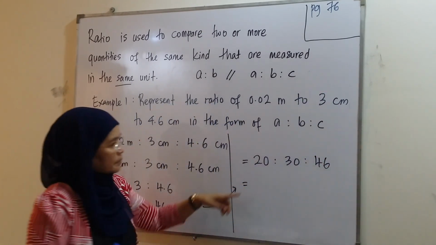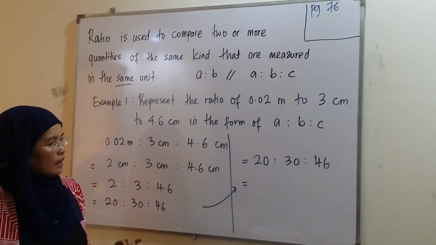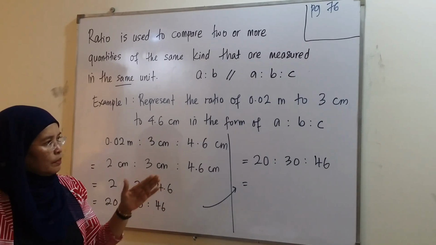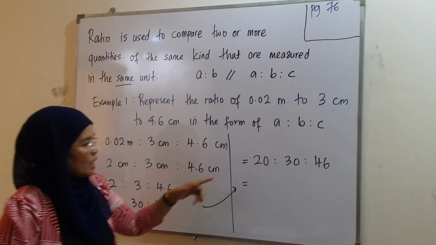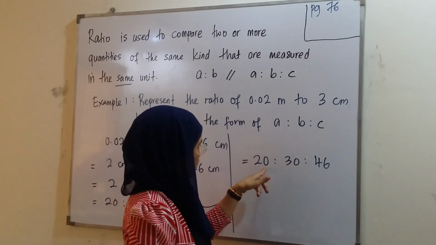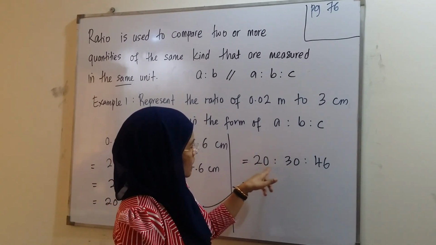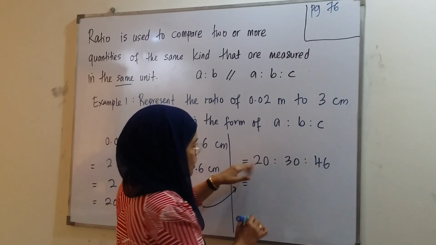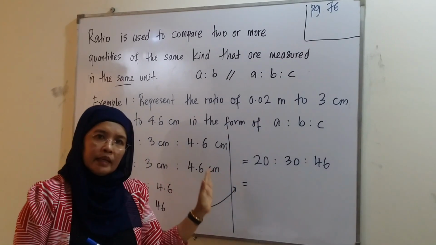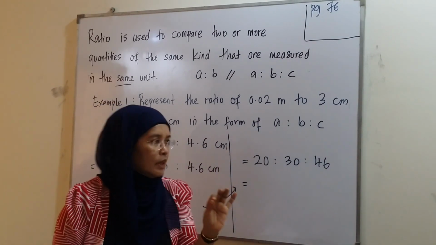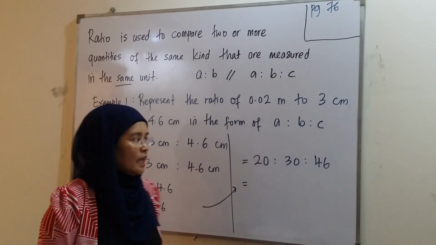Now as I said earlier, the final answer should be in the simplest numbers. So 20 can be divided by 2, and all the numbers can be divided by 2. If you divide one number by any number, you must do the same to all.